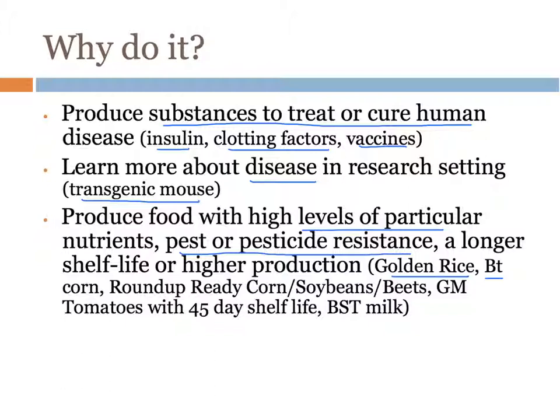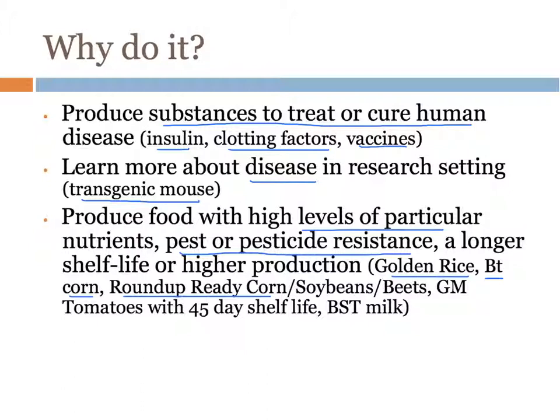Bt corn is an example. Bt is a bacteria that harms caterpillars, and so here is corn that will kill the caterpillars if the caterpillars eat them. Roundup Ready corn is corn or soybeans or beets that can be sprayed with Roundup, which is an herbicide, something that will kill plants normally. Well, it won't. You can spray it on the fields and it will kill the weeds, but not your crops if you use Roundup Ready crops.